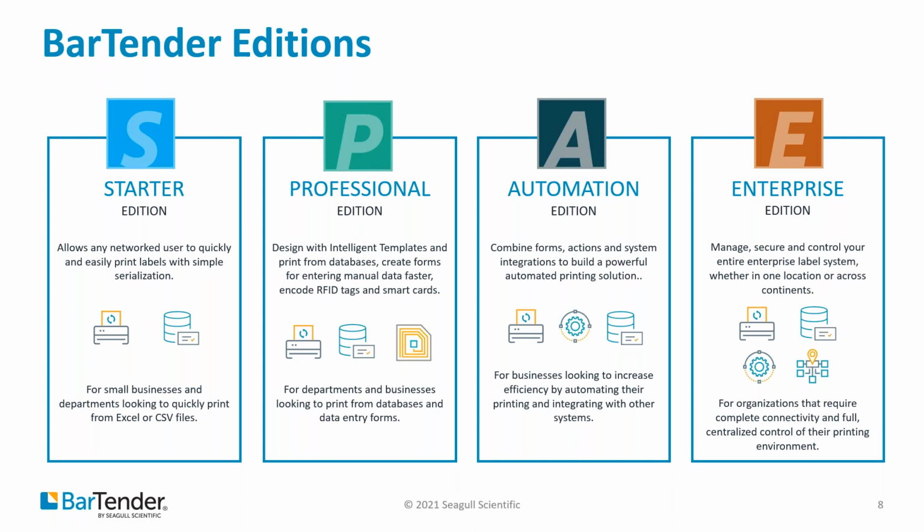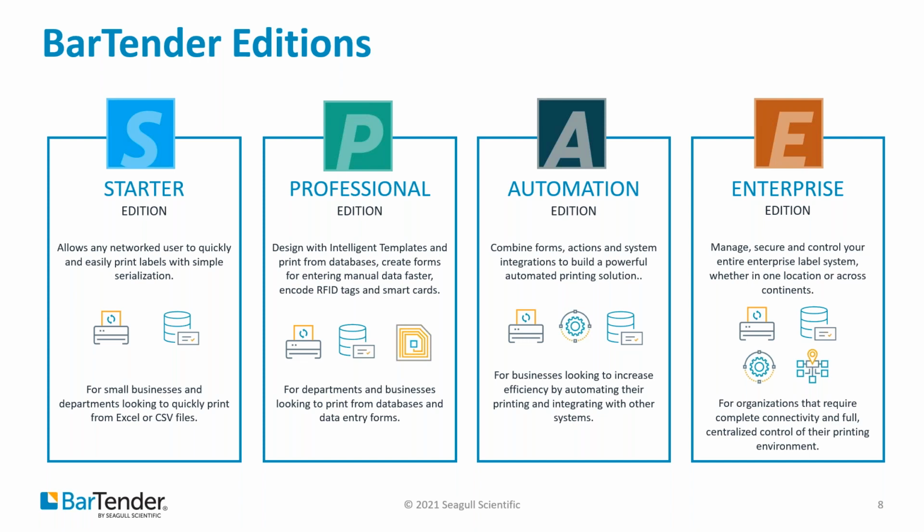Automation is what we're going to be talking a lot about today, and that's integration. That is the ability for BarTender to take an outside signal or trigger and use it to print the labels and documents that you want, where you want them, when you want them.